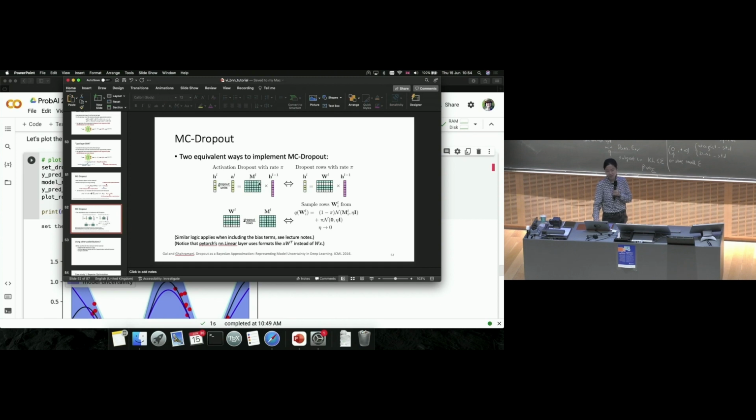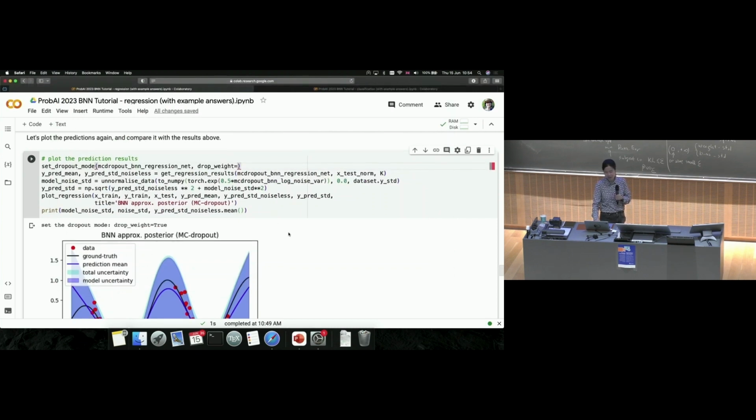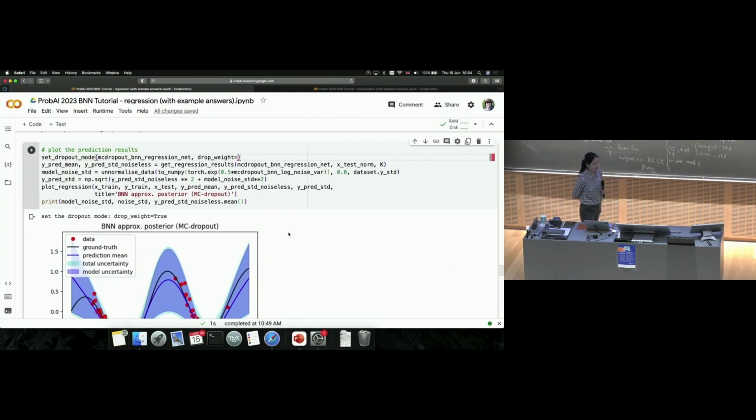Instead, I'm still going to compute the weights coming from my input and then just drop the output unit. They are equivalent. But I'm just saying that at test time, when you actually want to plot how it looks in the prediction time, there will be some differences in terms of whether you use drop weight mode or drop unit mode, because it will relate to whether you are using the same weights to evaluate all the data points or not.